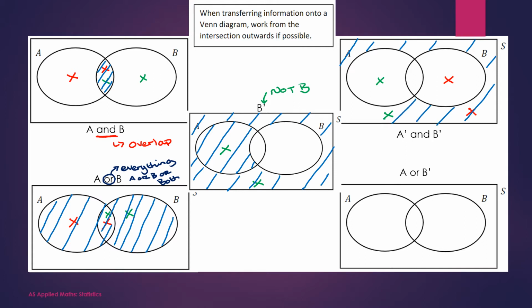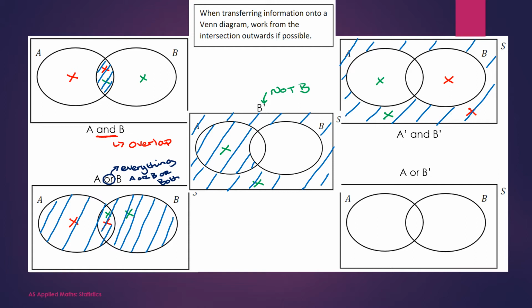If I was doing not A or not B, I would have included everything but that middle section. It would be the inverse of this bit, so it would be everything but the middle section if it was an or, because I'd need to include both of the green crosses and both of the red crosses. But when I'm doing and, I want the overlap.